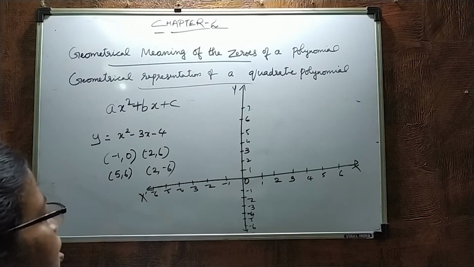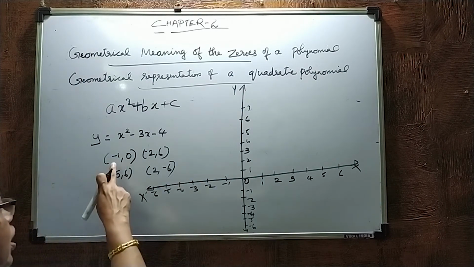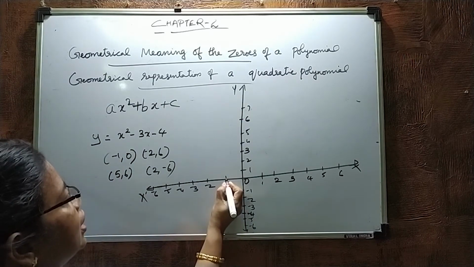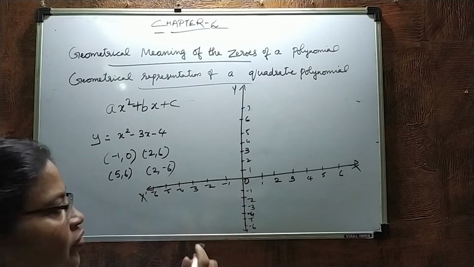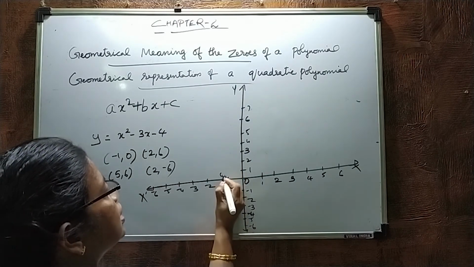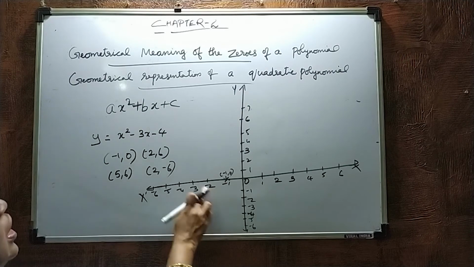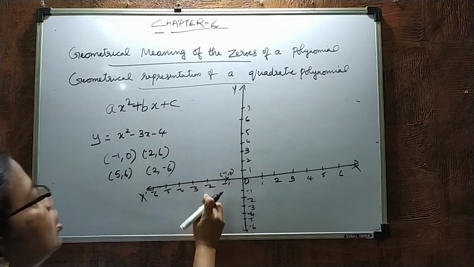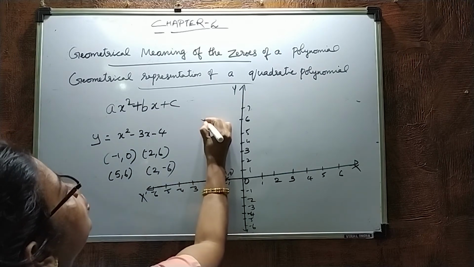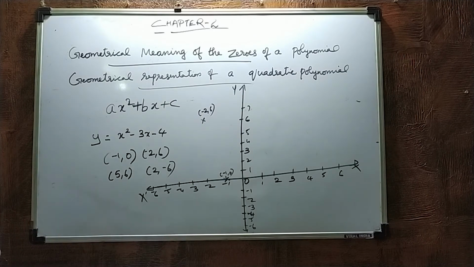First coordinate, negative 1, 0. The x coordinate is negative 1 and the y coordinate is 0, so it does not go anywhere. Next one, negative 2, 6. Next, 5, 6.